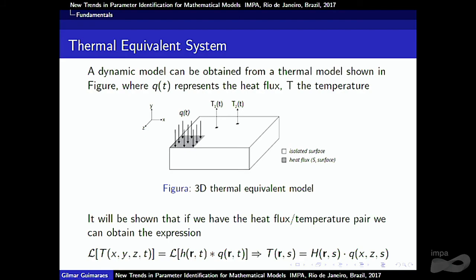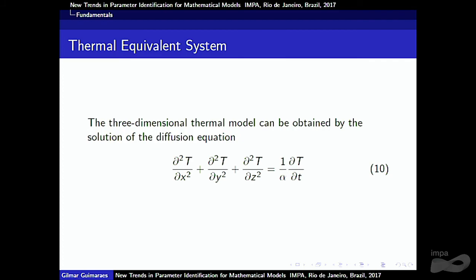For example, if we have this kind of problem, the three-dimensional thermal model can be obtained by the solution of the diffusion equation.